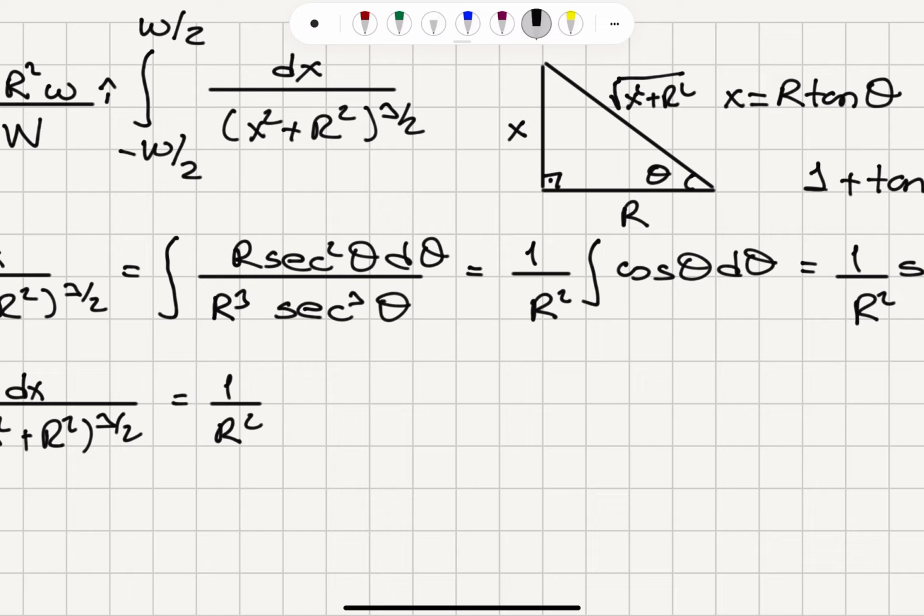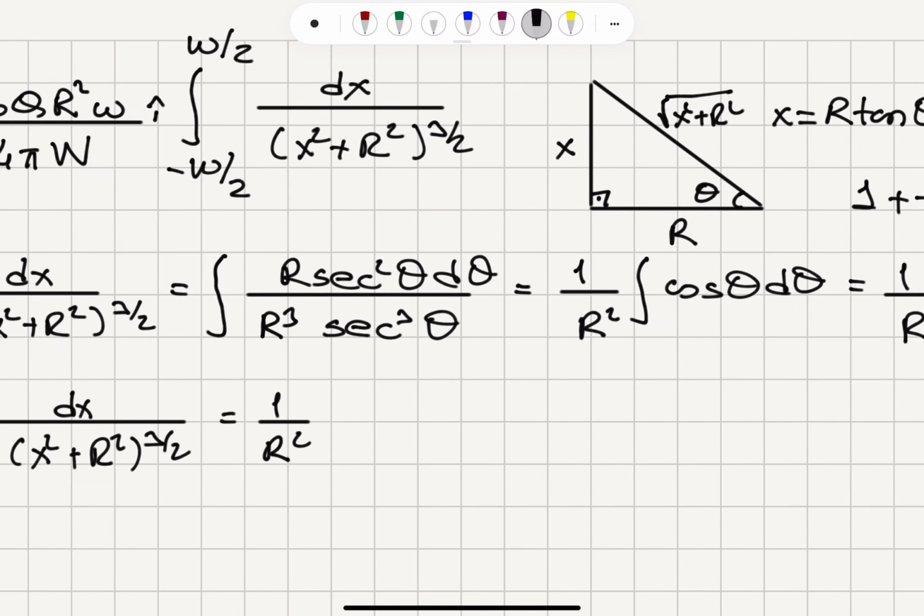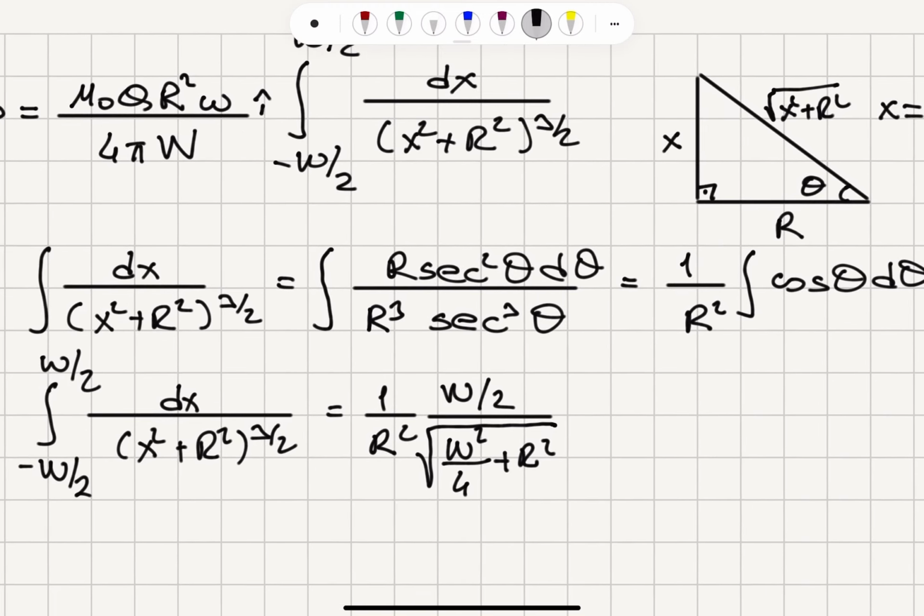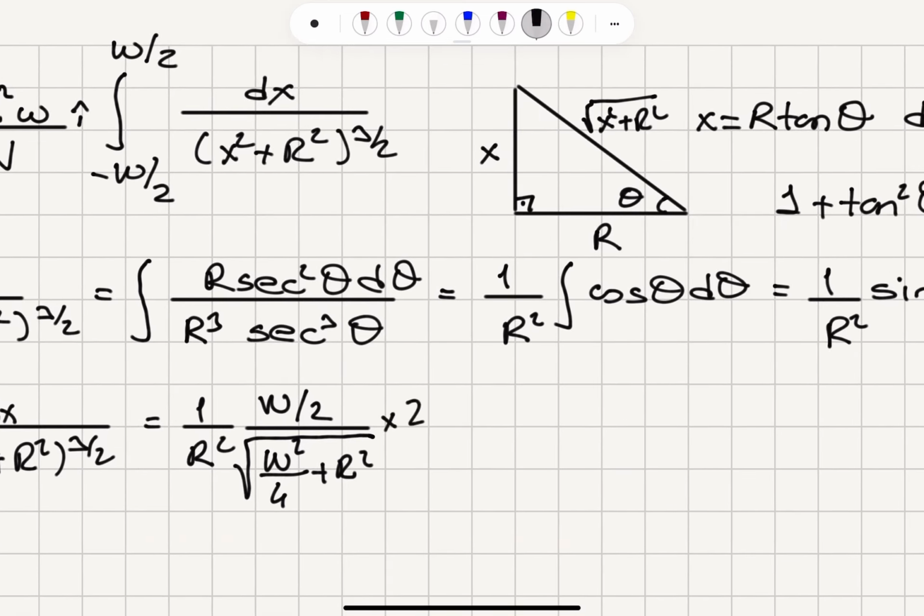I will have for x, w over 2 divided by square root of w squared over 4 plus R squared. And if I do this for both limits, and so evaluate at w over 2 minus the evaluation at minus w over 2, this will be just twice this result.